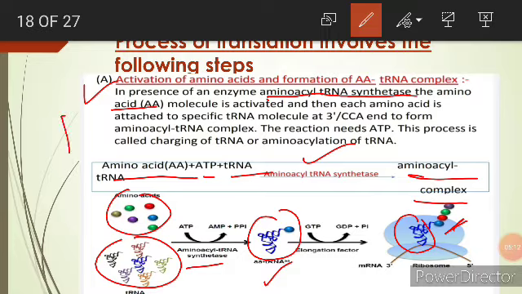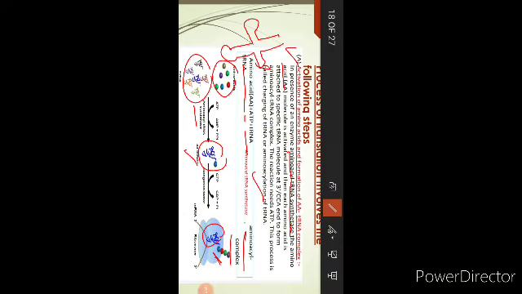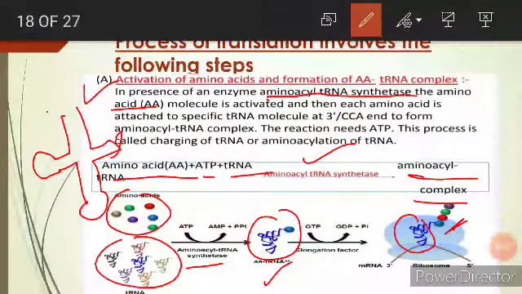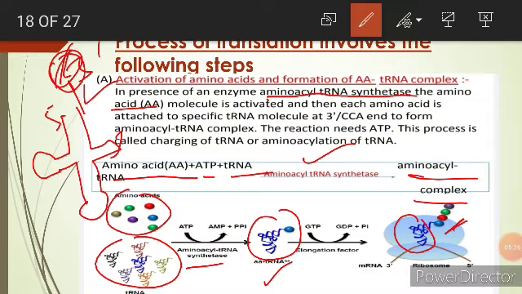Suppose this is the tRNA; here we can see this is the 5' end and this is the 3' end. At the 3' end the amino acid is loaded. So we can say the 3' arm has the site for loading of amino acid.